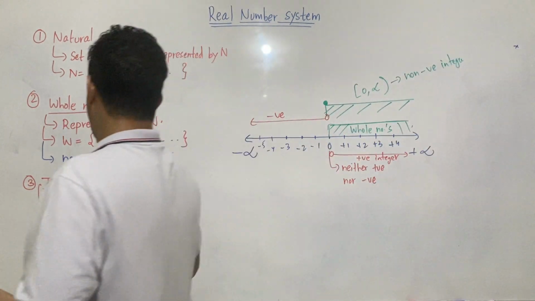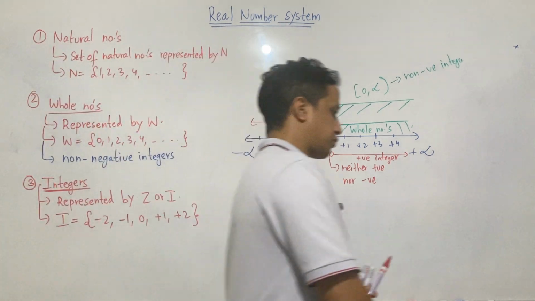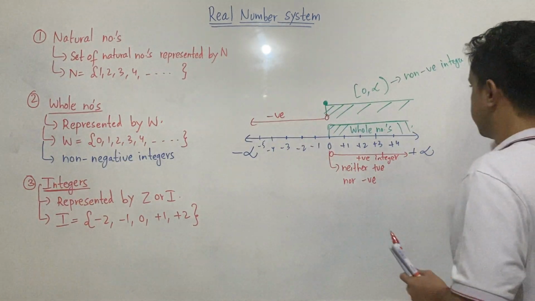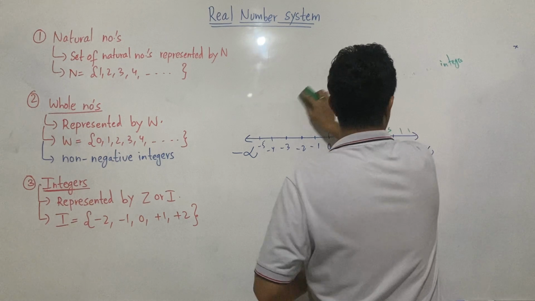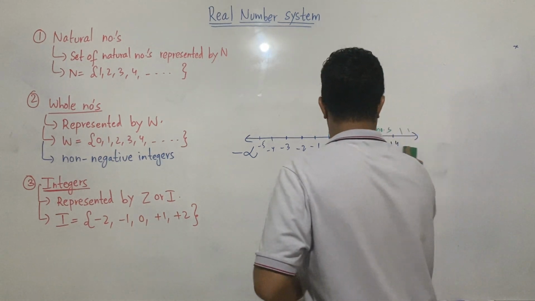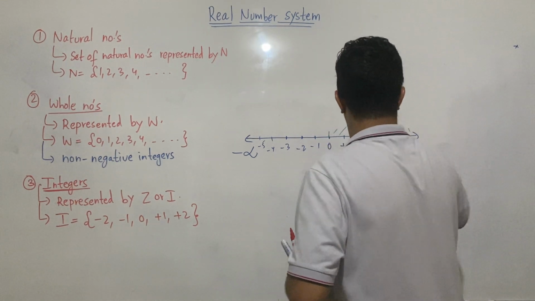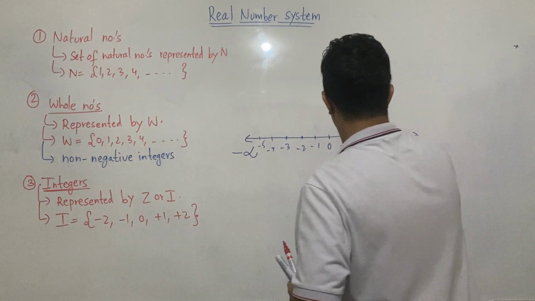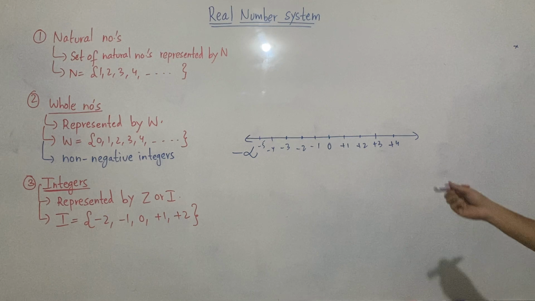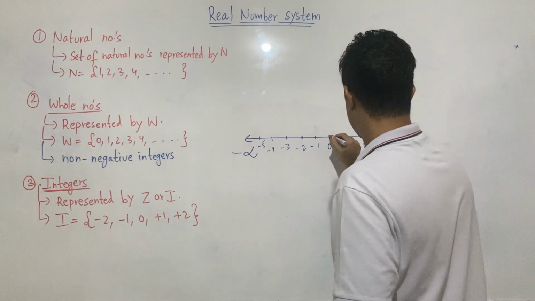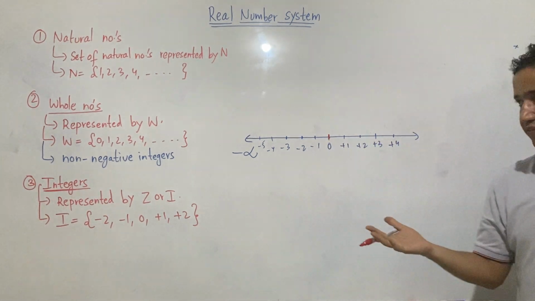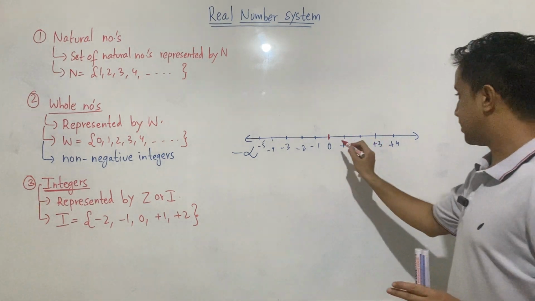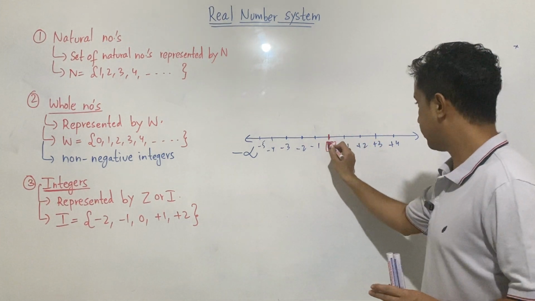Now see here, if I have to represent this on a number line, this is 0. I have said 0 is neither positive nor negative.